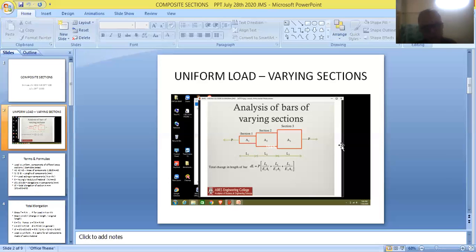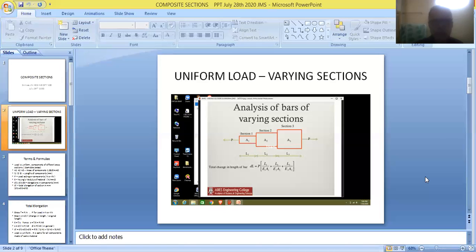So if all the components are made up of the same material, then E1 will be equivalent to E2, equivalent to E3. Therefore the E value will be coming out of the bracket. So friends, this is the way of writing equations for solving a problem on the first topic.